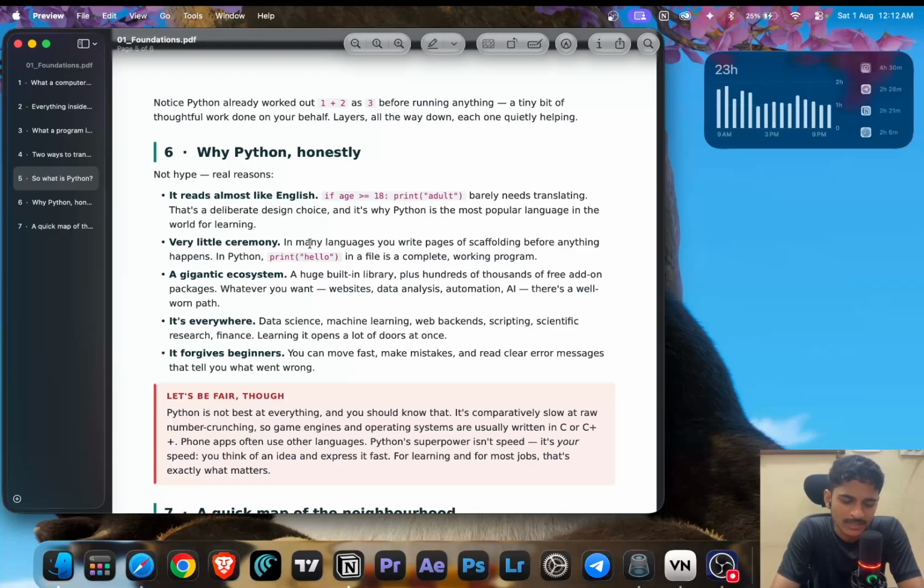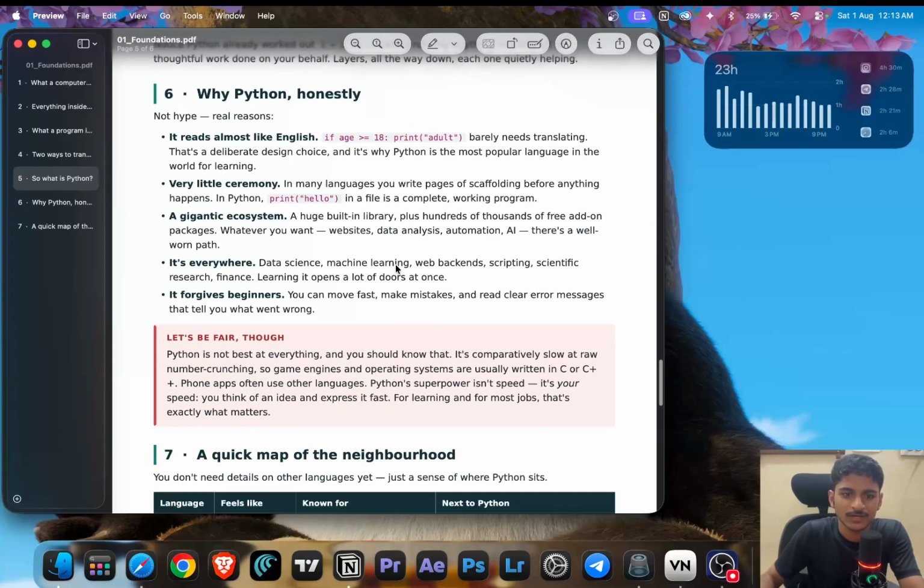In Python, it's very close to English, and the syntax is very simple. It has many libraries useful for AI and data science and everywhere. And of course it is beginner friendly.